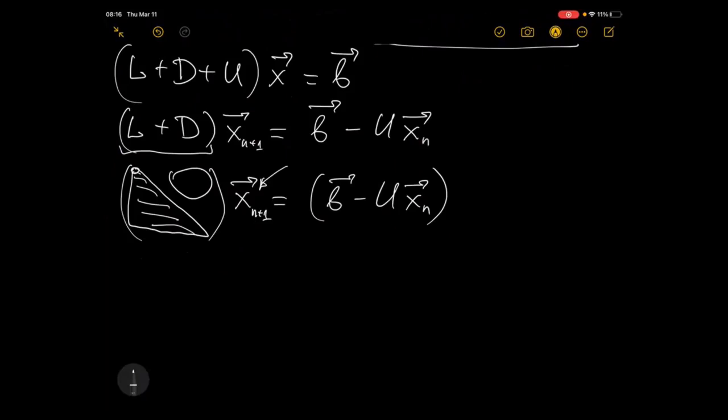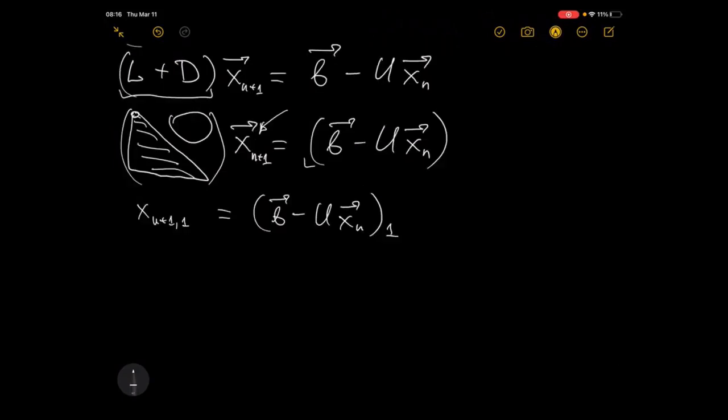It will be very easy to find the first component of x n plus 1, right? Why? Because for the first component, I will get just x n plus 1, first component, equal to the first component of b minus U x n, the previous approximation.